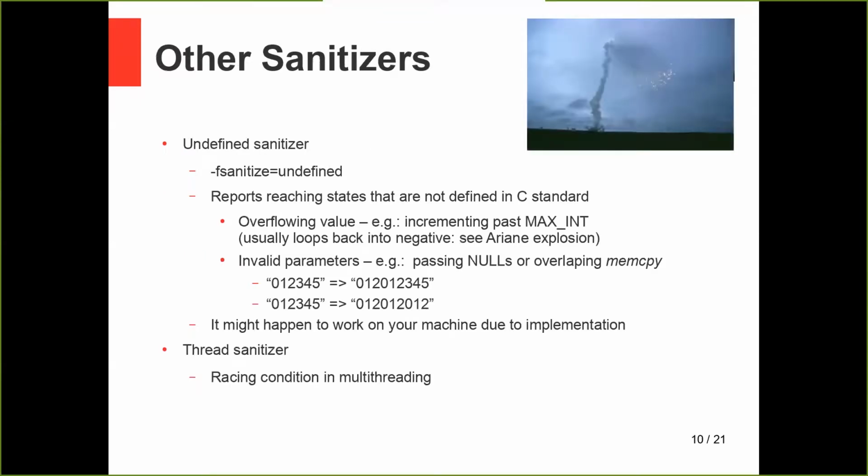There are other sanitizers which exist, which might be useful for you. There also exists the undefined behavior sanitizer, which tries to check for situations your software runs into which are actually not defined in the C standard. One of the examples is overflowing a value. The physical implementation of your CPU means there's a maximum value it can take, and if you increment it, it's going to loop back into the negative.